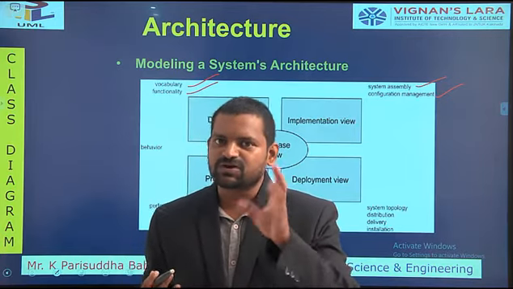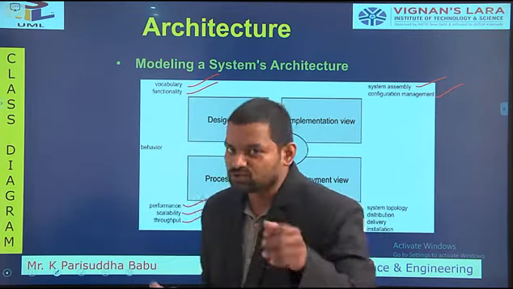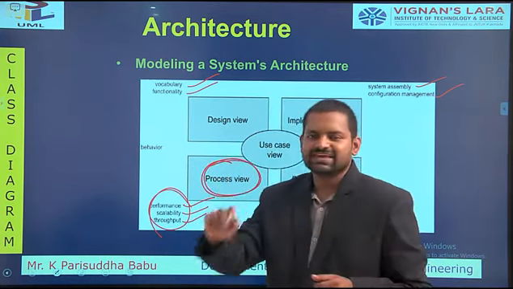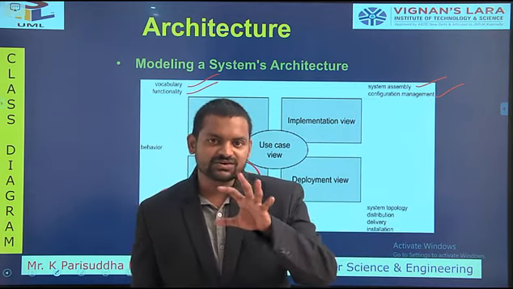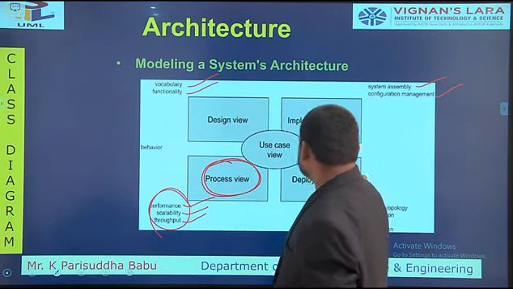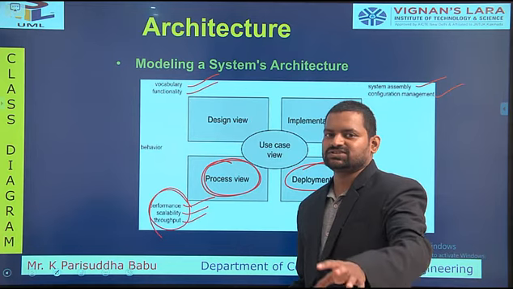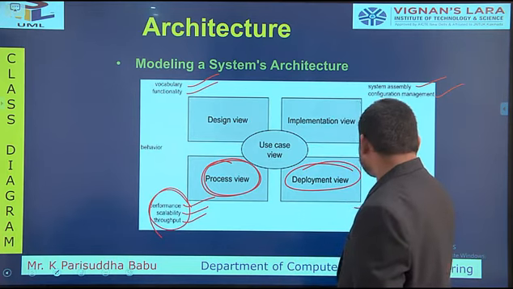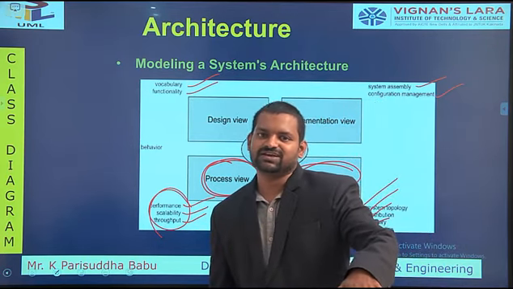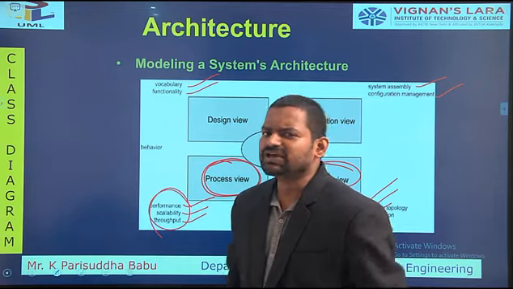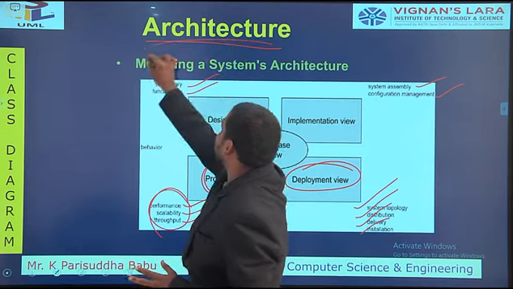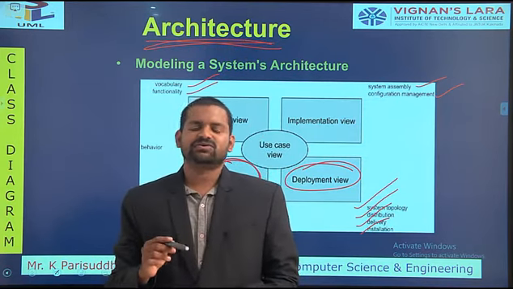All this information we study in the process view. So five kinds of views are available in the structure of UML. The deployment view, after everything is completed, gives the system topology, distribution and delivery: how we install the particular system in software.